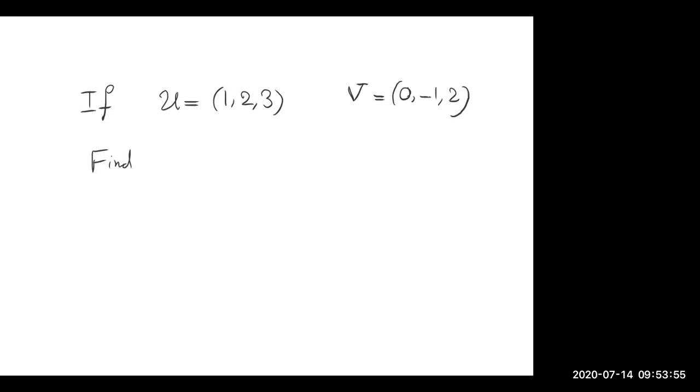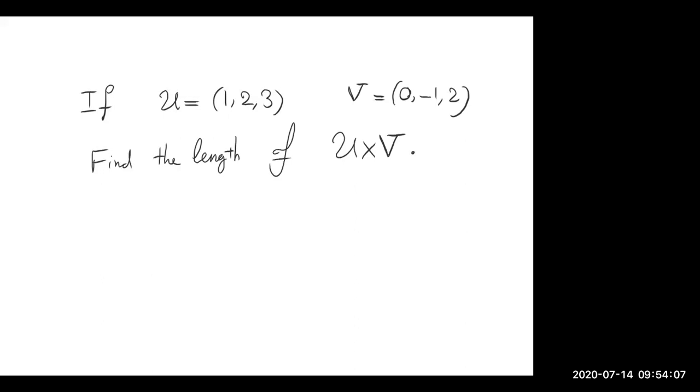So for example, if u is 1, 2, 3, and v is 0, -1, 2, find the length of the cross product, u cross v. So there are two ways to answer this question.